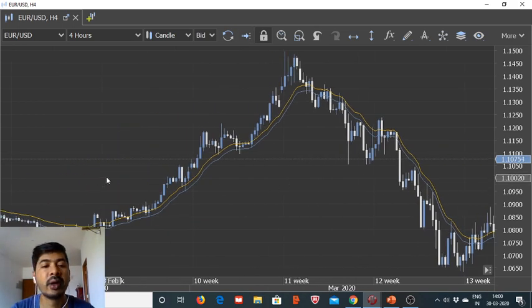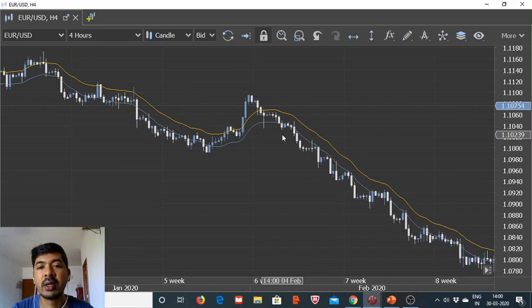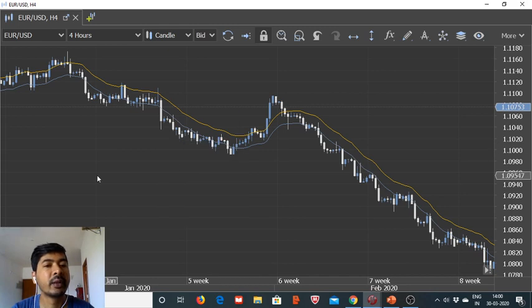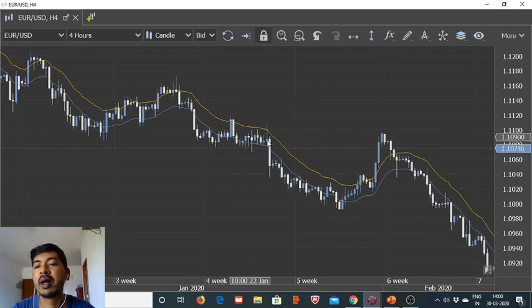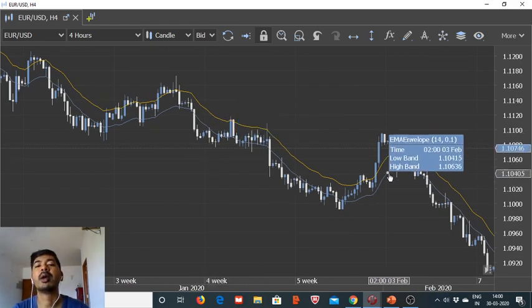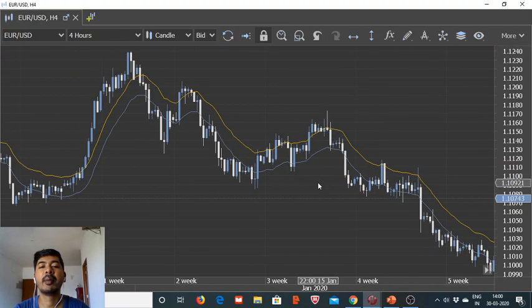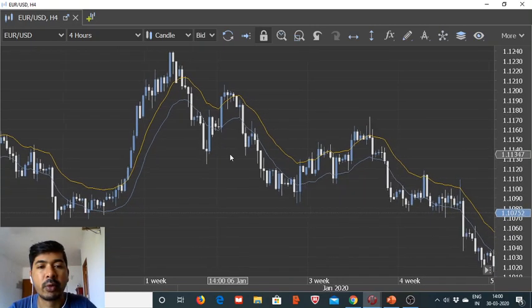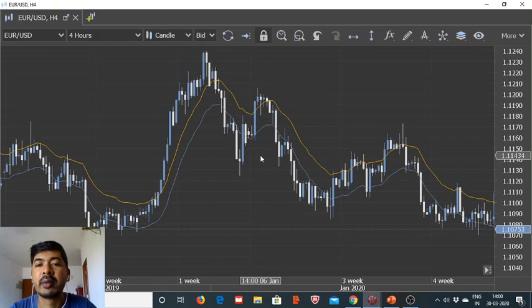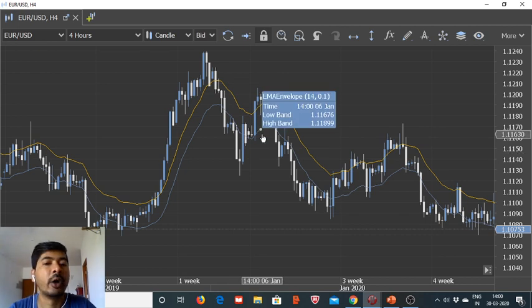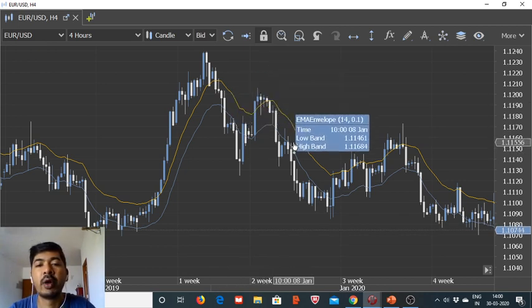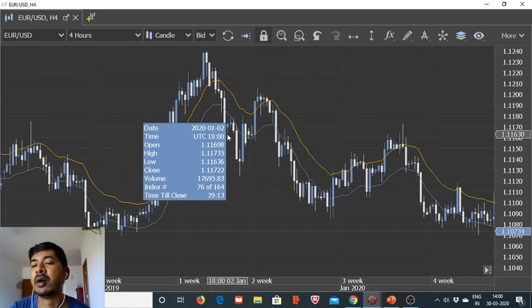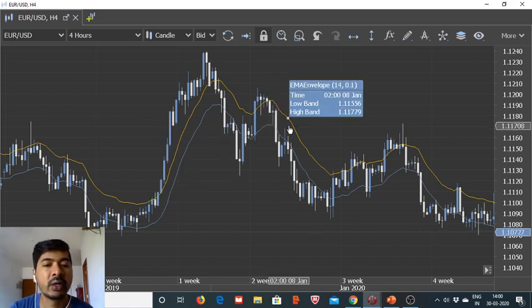So here, if we go back in time and see, then more or less the assumption, if the EMA bands are rising, then we should be looking for a buy trade, and if the EMA bands are falling, we should be looking for a sell trade, holds good. Of course there will be some wrong trades, and sometimes the envelope starts to rise then falls, and it happens with a short interval.